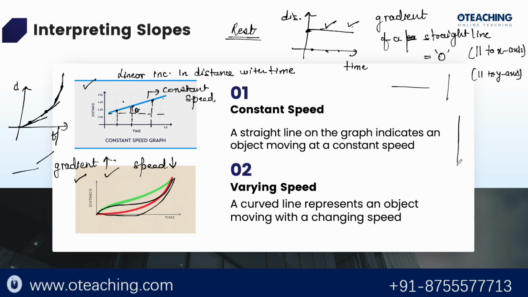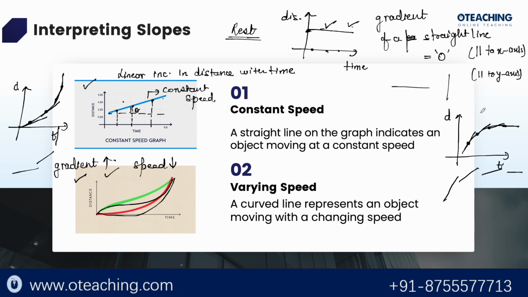And when I have a distance time graph of this kind, how do I know whether it is moving with the same speed or what? So what I do, I draw the gradients. Now just look at the gradients. What is happening? The slope has been decreasing.